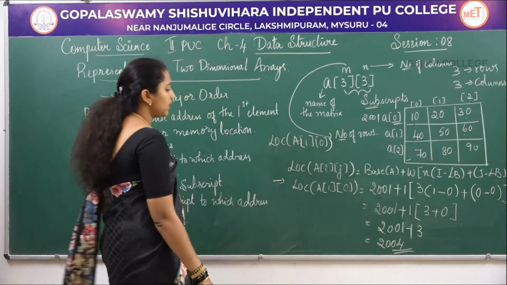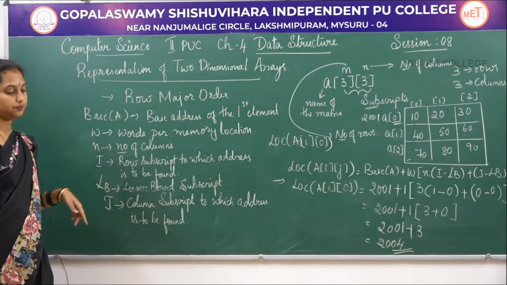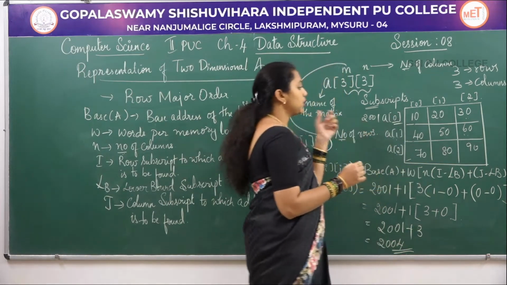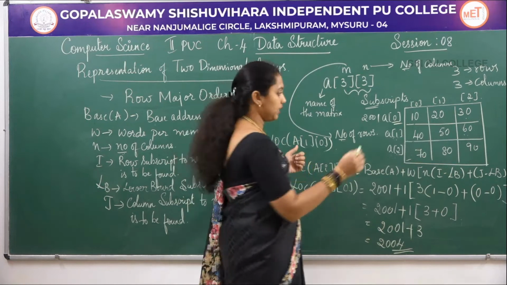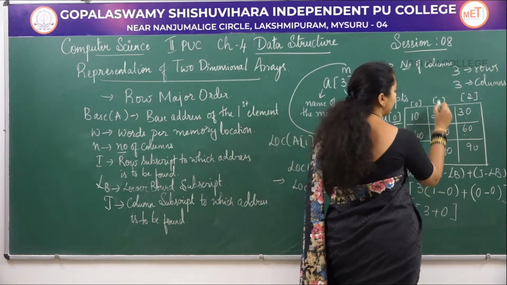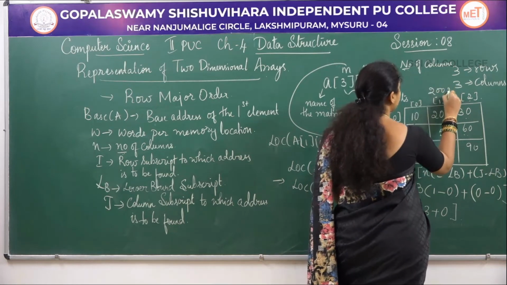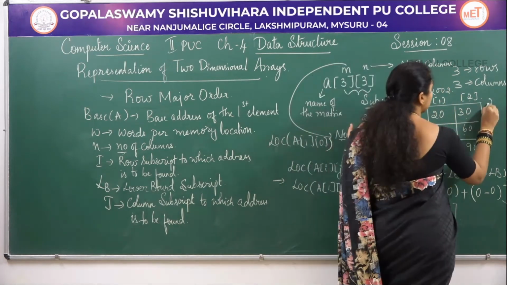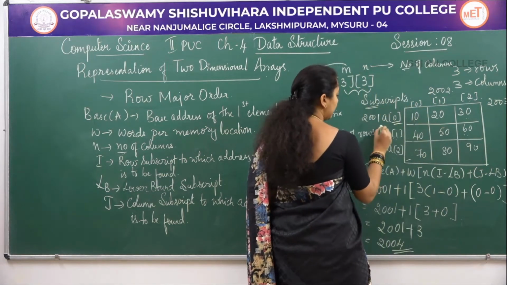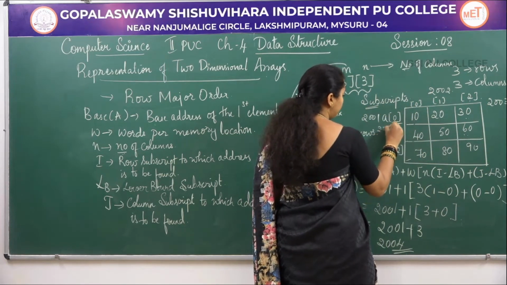So check whether it is correct or not. So according to the row major order representation, the address of 10 is 2001 and address of 20 is 2002, address of 30 is 2003, address of 40 is 2004.